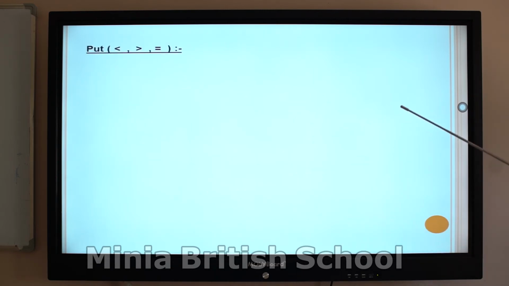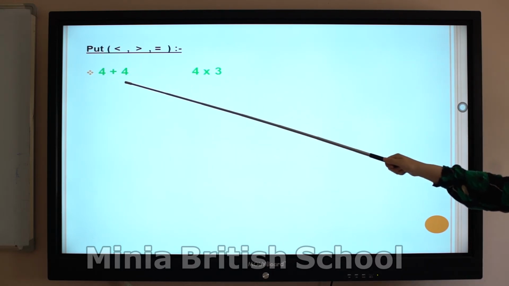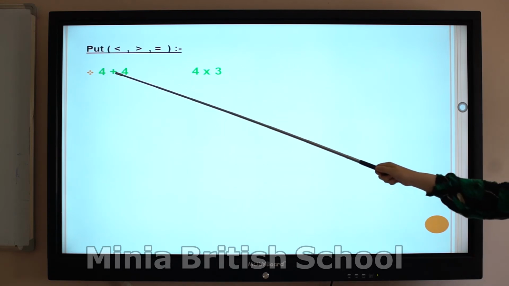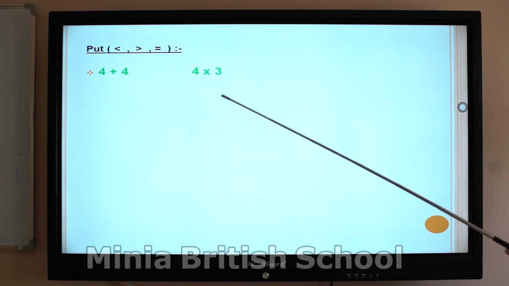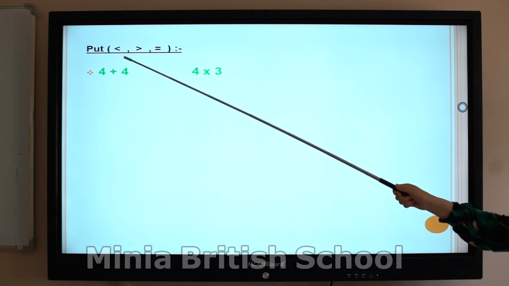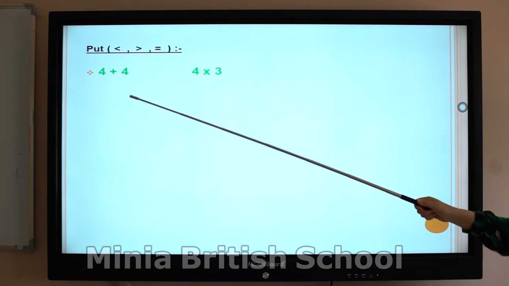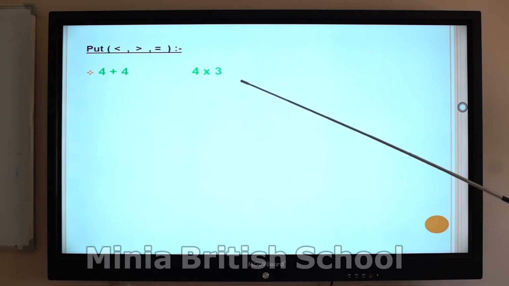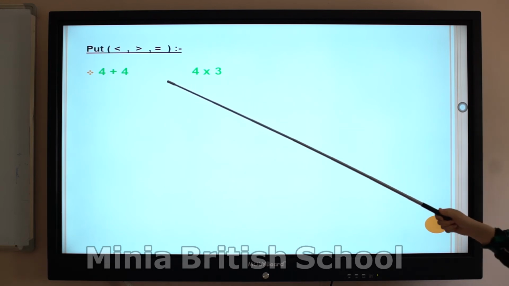Okay, put smaller than, greater than, or equal to. 4 plus 4 and 4 times 3. Here plus and here times. Convert addition to multiplication. When we convert addition to multiplication, you have to ask yourself 2 questions.